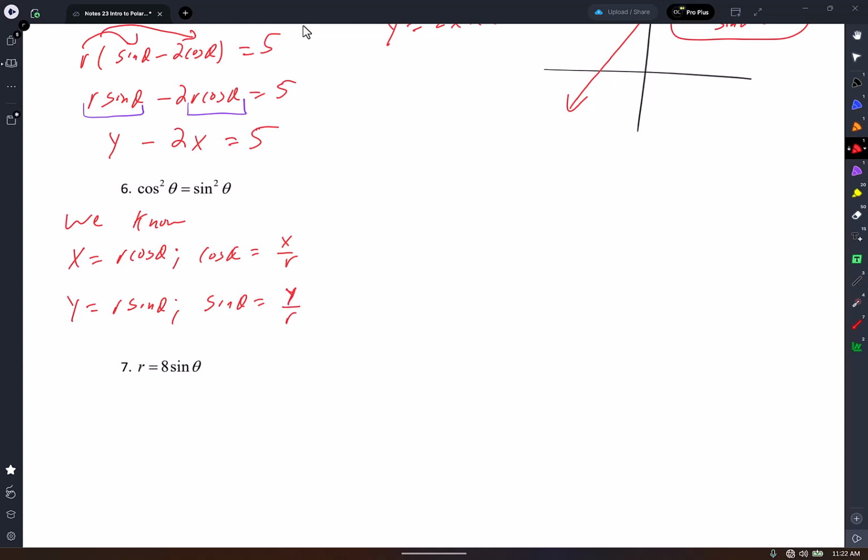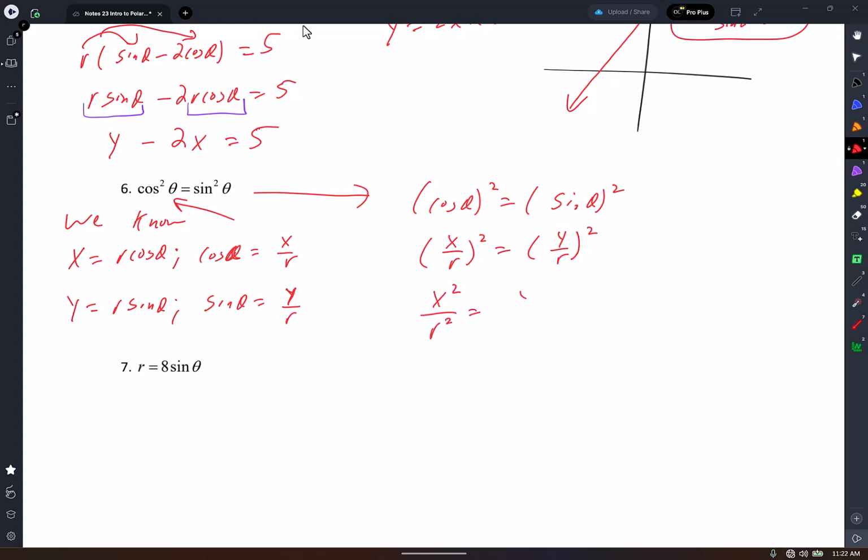So I'm going to substitute cosine theta and sine theta with these two things right there. Remember that means parenthesis cosine theta close it squared equals parenthesis sine theta close it squared. So I'm going to rewrite this as x over r squared equals y over r squared. I'm going to square them both, so I get x squared over r squared equals y squared over r squared.